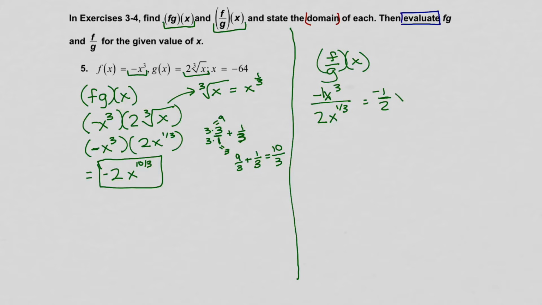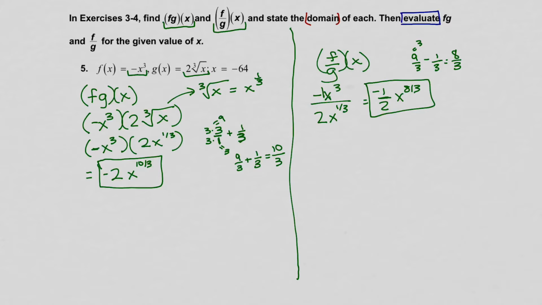And now as far as my x's, I have that 9 over 3, that's the same thing as that 3. And this time I'm going to subtract 1/3. So 9 minus 1, how many thirds is that? 8 thirds. And there we go. So easy peasy.